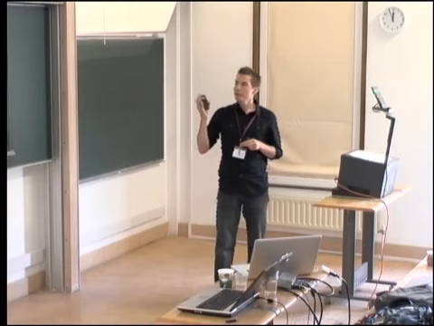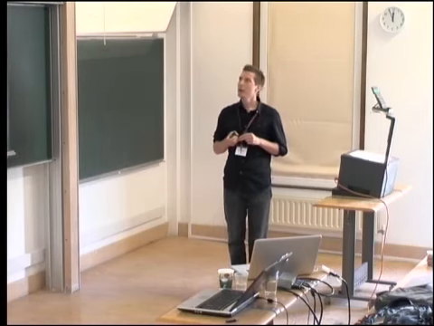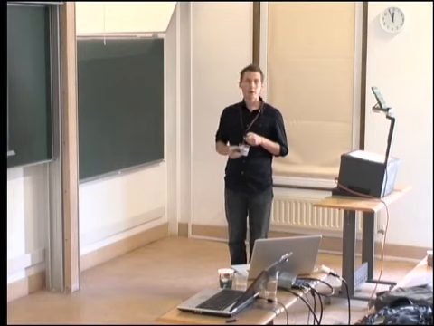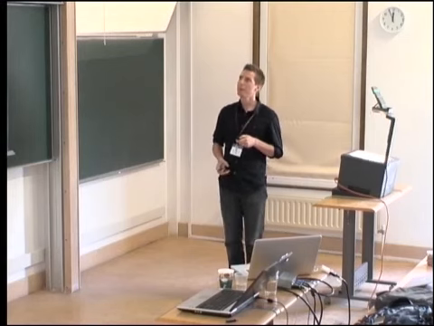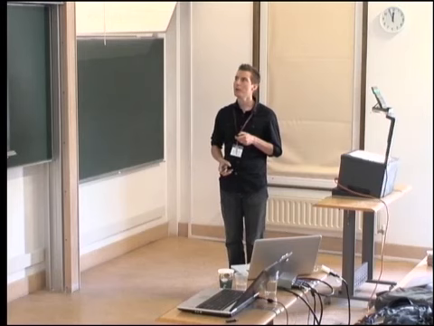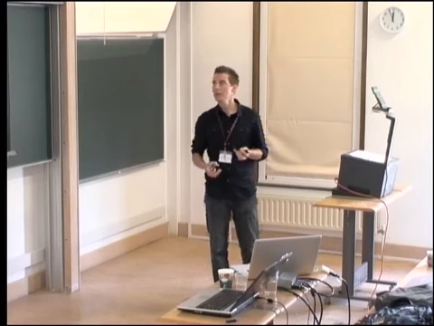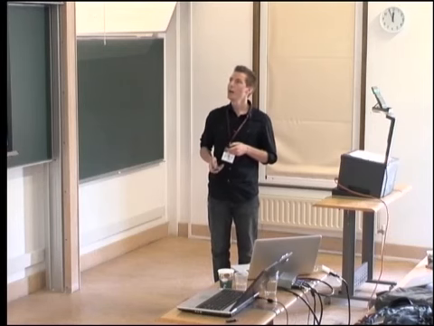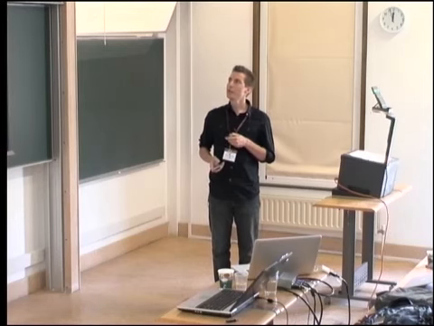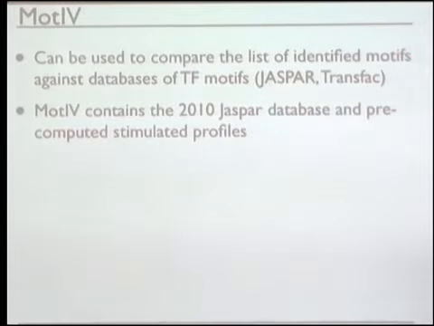So the motifs that we derive can actually be used to compare the list of identified motifs to a known database of transcription factors such as Jaspar or TRANSFAC, or maybe your own database. You can input it in the software and use that if you want. By default, Motif contains the 2010 Jaspar database, which is probably one of the best databases for transcription factors anyway.